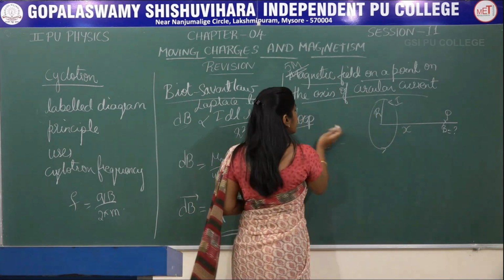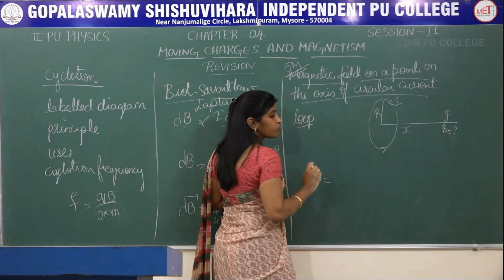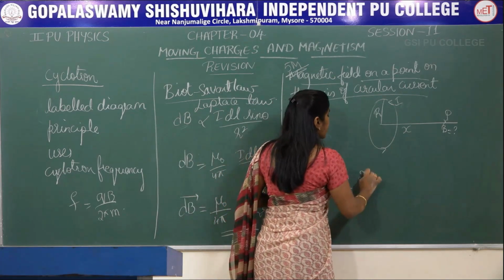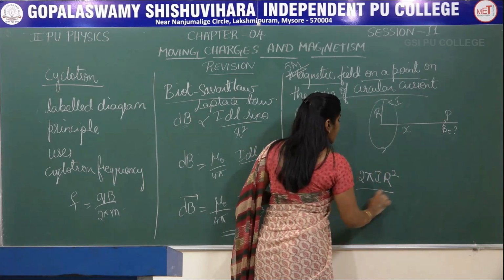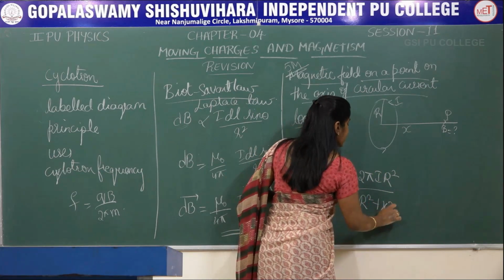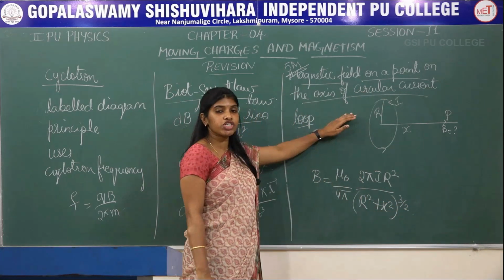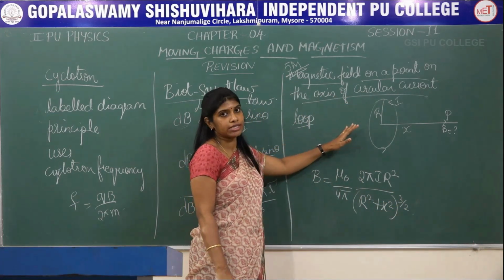The magnetic field B at that point was found to be equal to mu naught by 4 pi, 2 pi I r square by (r square plus x square) whole power 3 by 2. This derivation is very important in your examination.